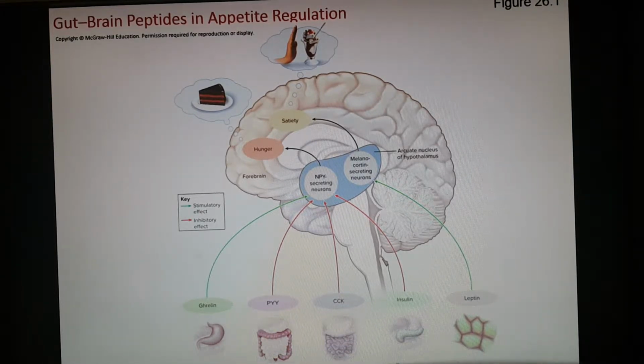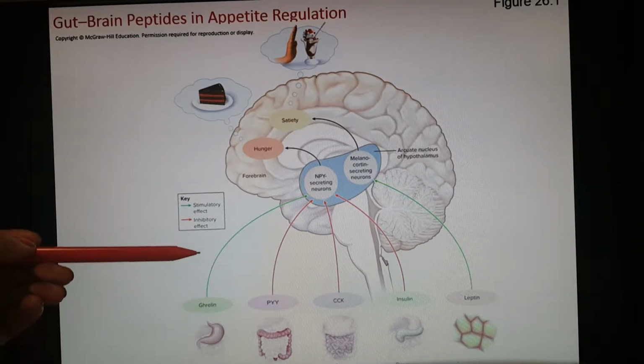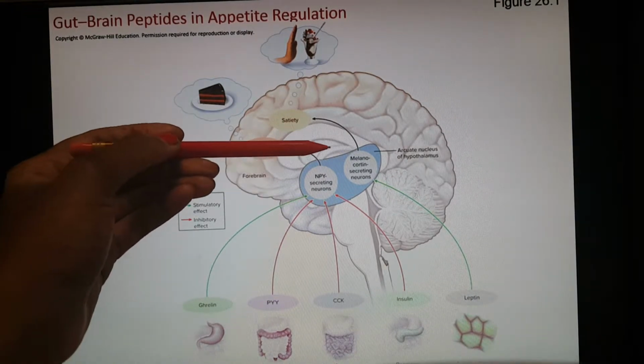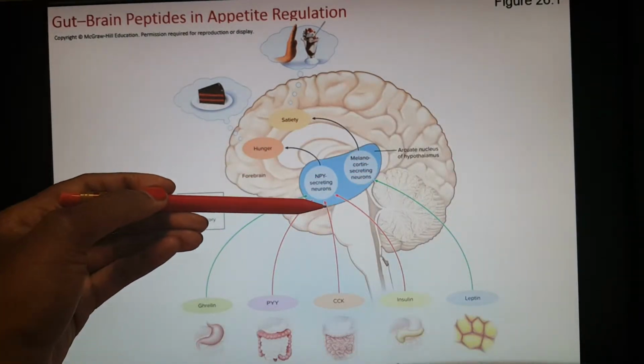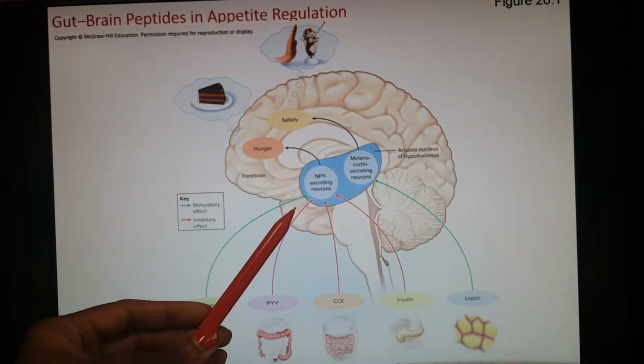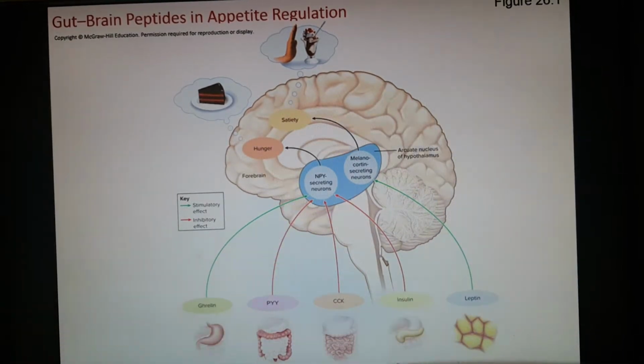All three of these are short-term regulators of hunger, regulating your hunger sensations closely around meal times. So in our little chart, the green arrows are for having a stimulatory effect when they bind to neural networks in the hypothalamus in the brain. And then red arrows show an inhibitory effect when binding to those neural networks in the hypothalamus.